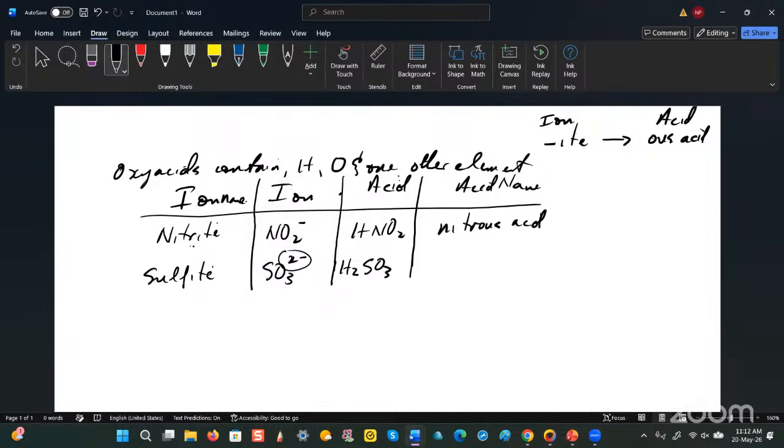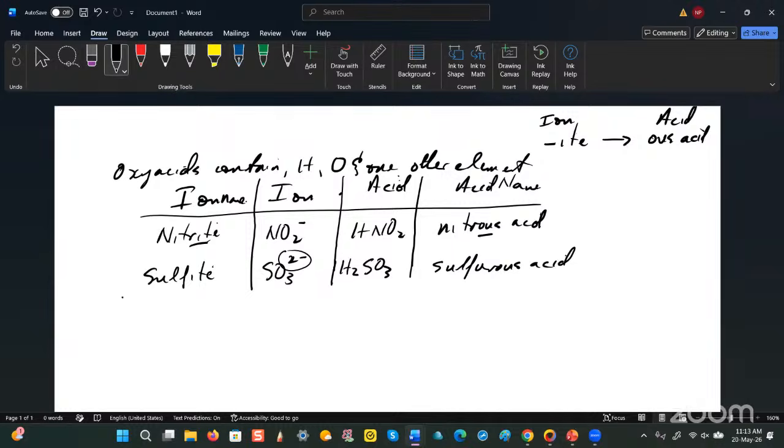So if the nitrite becomes nitrous acid, then what do you think the name of the corresponding acid is when the sulfite is converted to an acid? Sulfurous acid, all right? Again, OUS acid, the ending, all right? So that's basically how you deal with these acids that are formed from ions whose name ends with ITE. In those cases, the corresponding acid name ends with OUS acid, all right?